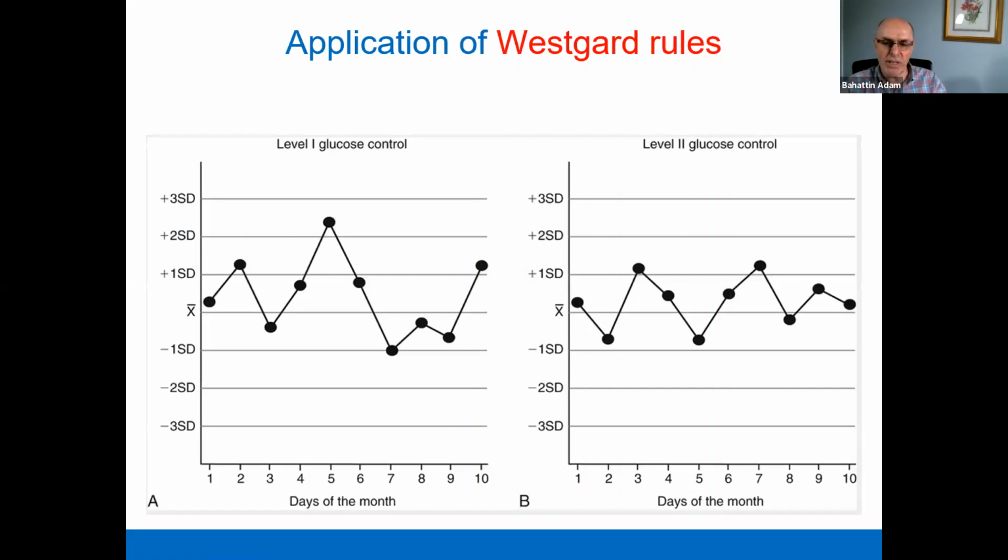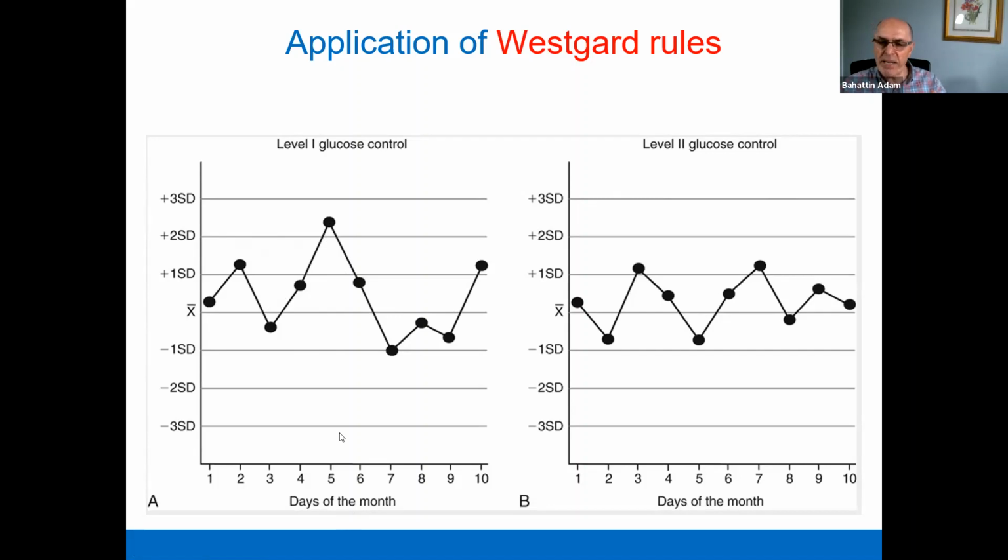Now I'm going to show this. As you see, this is level 1 glucose control and level 2 glucose control. There are 2 control samples of glucose. One is a low level of glucose, and this is a higher level of glucose. You use both control samples to measure the glucose daily and follow it on the Levey-Jennings chart. At day 5 here, you exceed the 2 standard deviation, right?